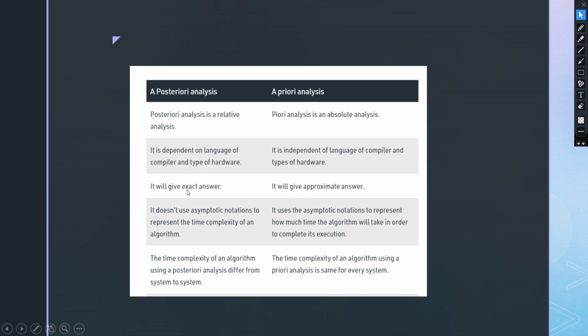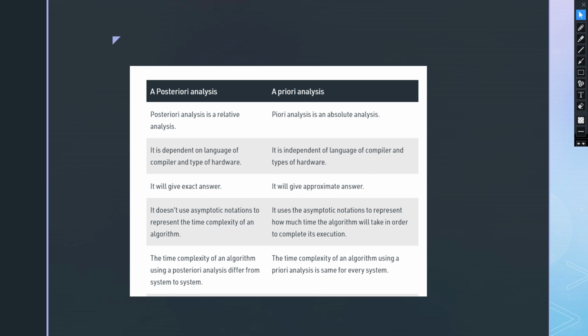Posterior analysis depends on the language of the compiler and the type of hardware, while prior analysis is independent of them. Posterior analysis will give an exact answer, while prior analysis will give an approximate answer. Posterior analysis doesn't use asymptotic notation to represent time complexity, while prior analysis uses asymptotic notation to represent how much time the algorithm will take to complete its execution. The time complexity under posterior analysis differs from system to system, while under prior analysis it is the same for every system.